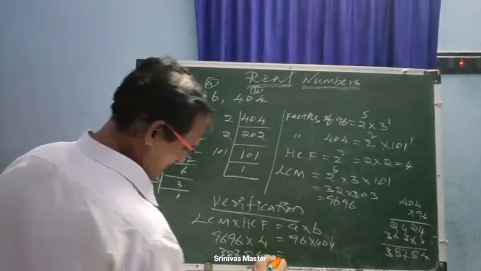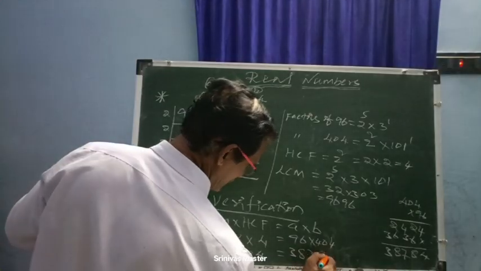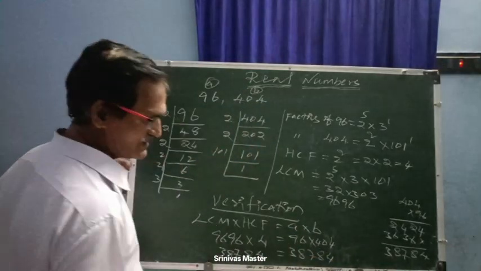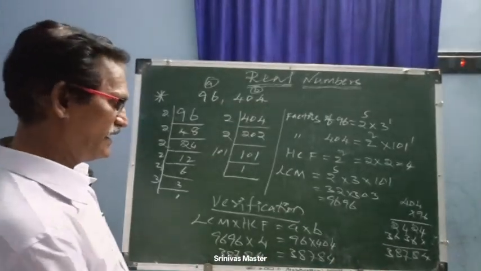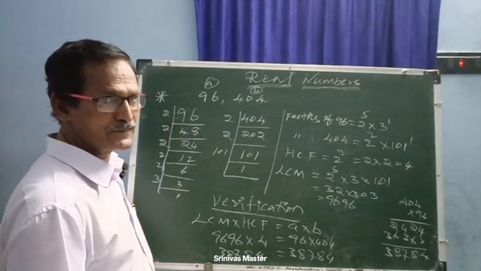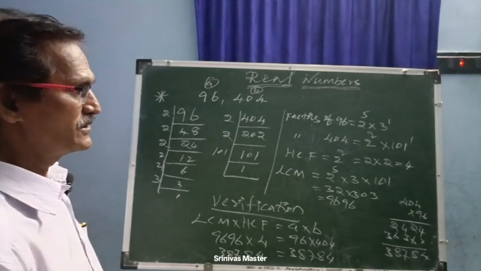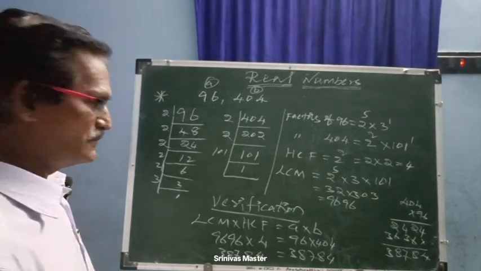Both are the same? Yes. 38,784. LHS is equal to RHS. Hence verified. Be careful, children. This is one of the main important concepts in real numbers.